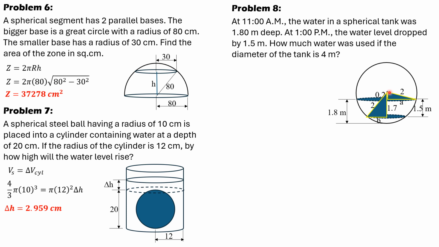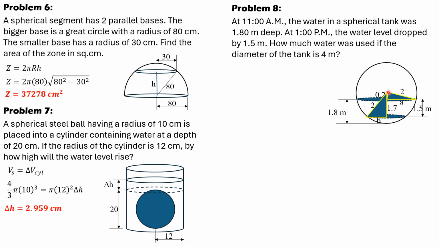So therefore, this is 2 minus 1.8, so 0.2. Then at 1 p.m., the level dropped by 1.5, so this is the drop. And 1.8 minus 1.5 is 0.3, so that means this is 0.3. Therefore, 2 meters minus 0.3, so we have here a right triangle 1.7 meters high.